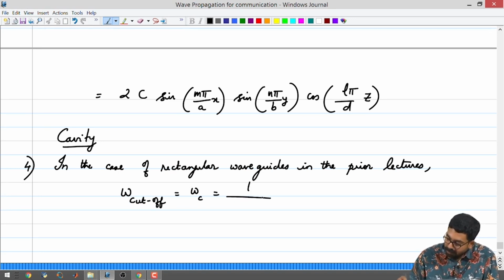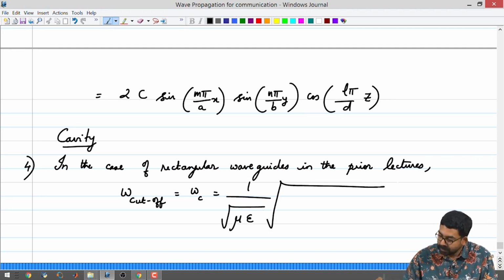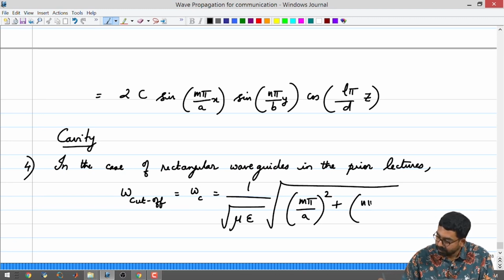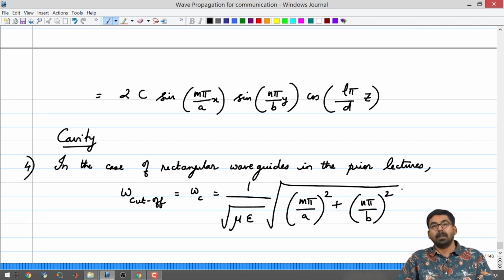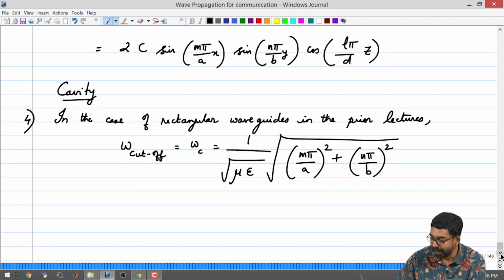It looked like 1 by square root mu epsilon, and then n pi by b square, right.